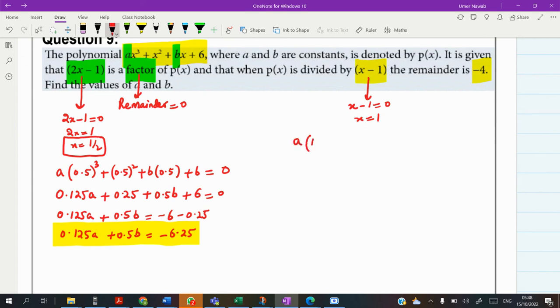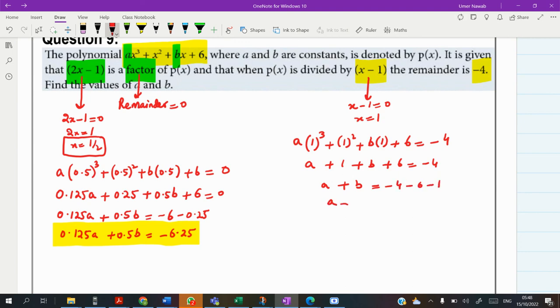So a, substitute 1 in the place of x, and now I'm going to put it equal to minus 4. So a plus 1 plus b plus 6 is equal to minus 4. a plus b equals minus 4 minus 6 minus 1. a plus b is equal to minus 11.